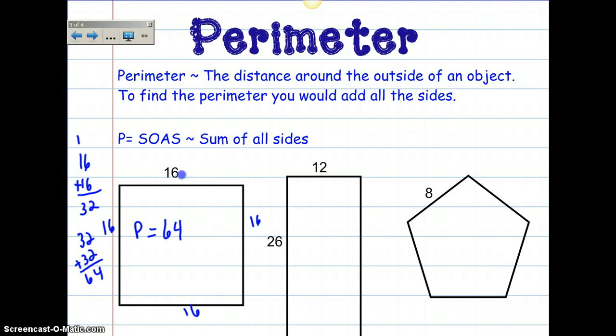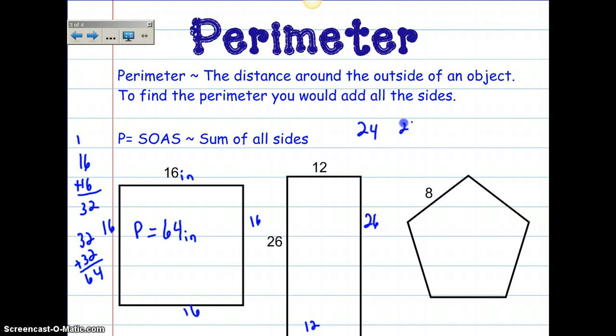If I were to put inches here, then it would be inches. Here, I have 26 and 12, but I need to make sure that I label all of my other edges. I know that 12 plus 12 in my head is 24.